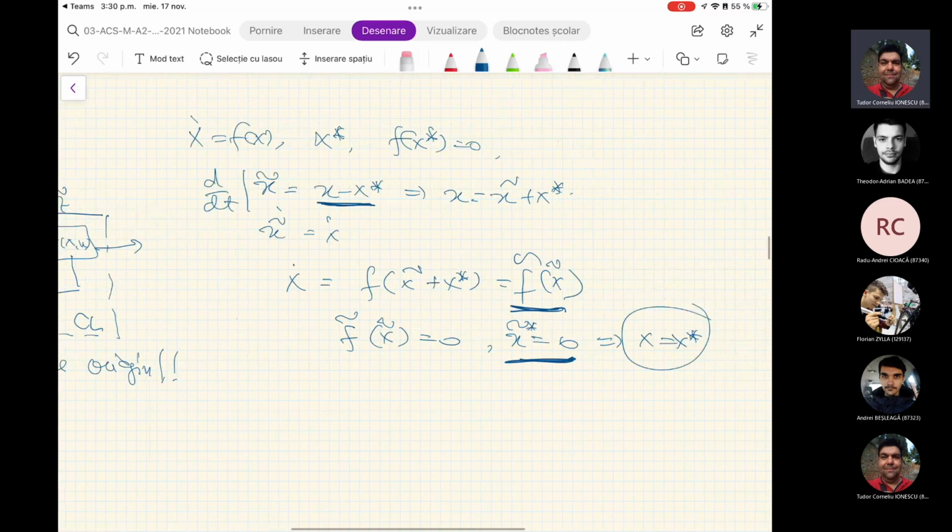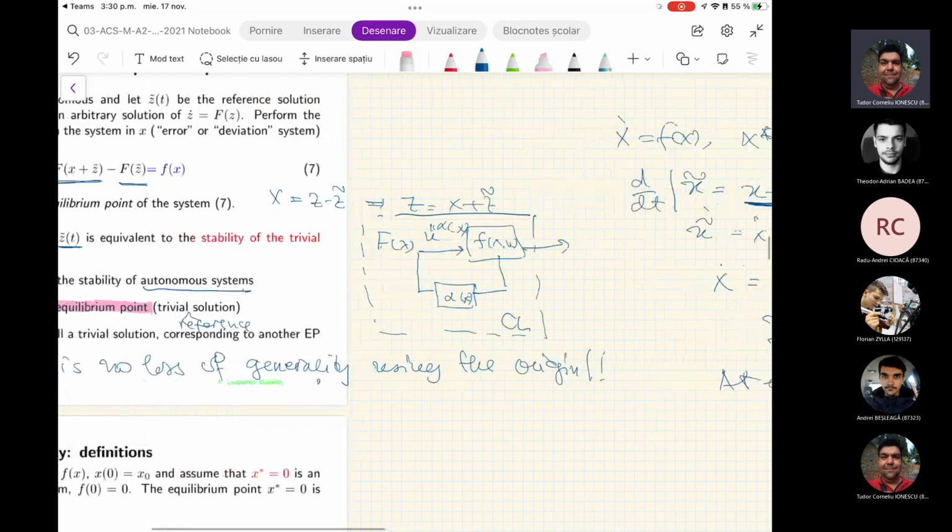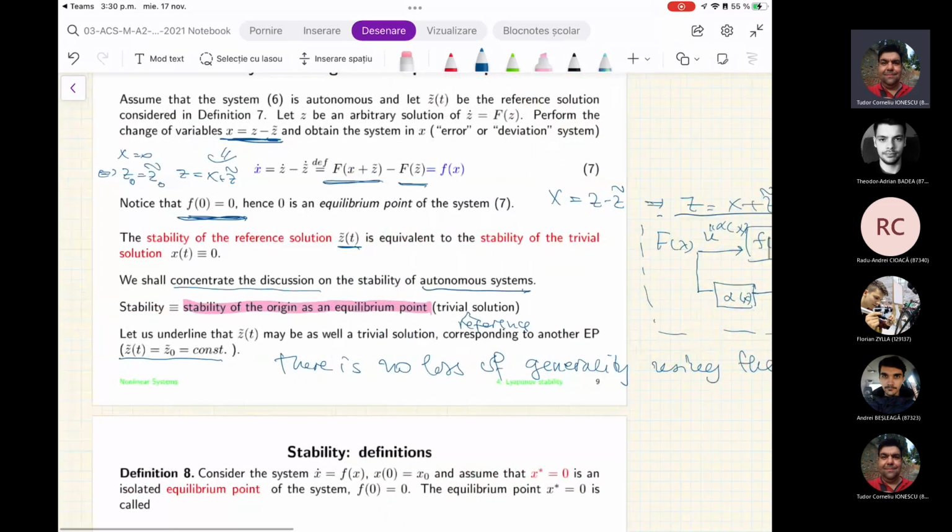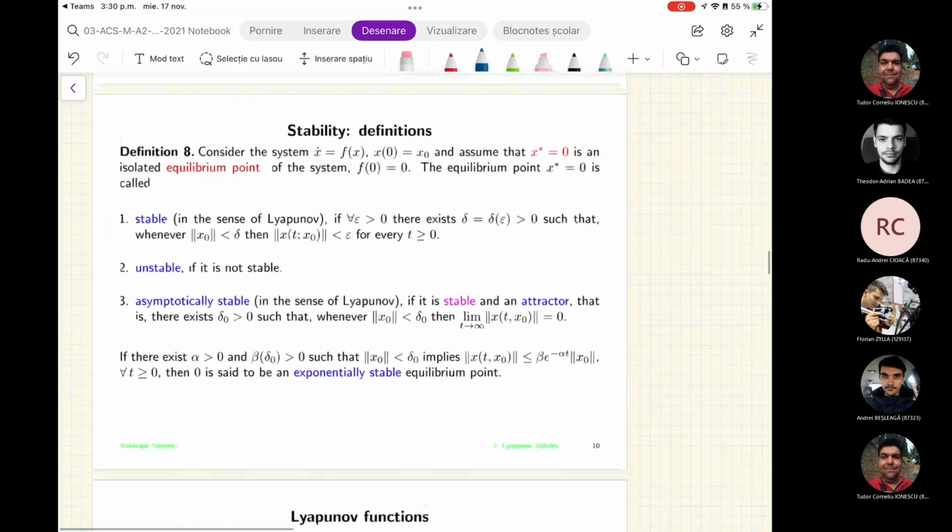At equilibrium, the new system is 0, and you get x equal x star. So it's the same equilibrium point. So it's correct. It only makes sense, like I said, that we have no loss of generality discussing solely the origin as an equilibrium point.